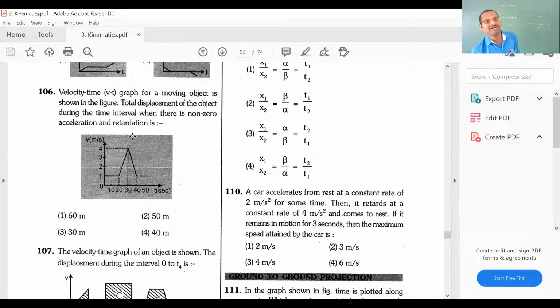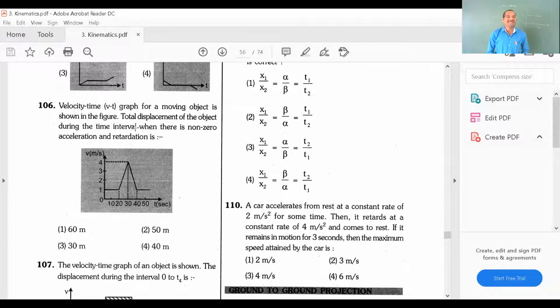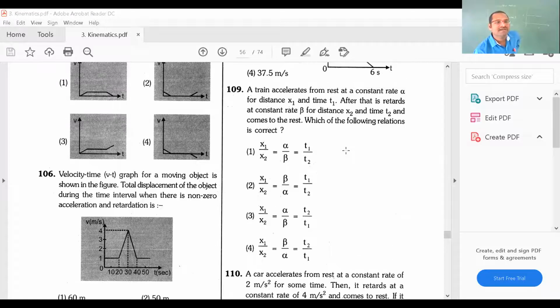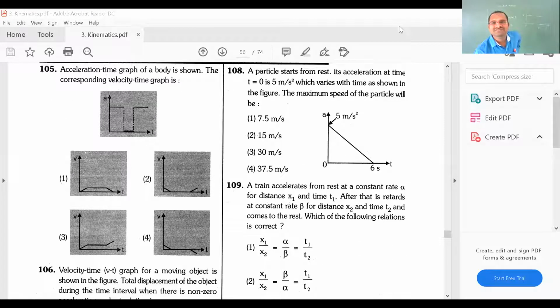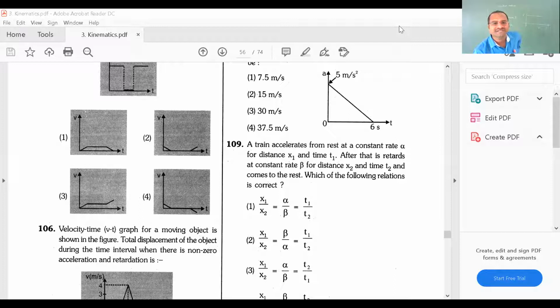Next, question number 106. He is asking why A is equal to 0 when the line is parallel to the axis.